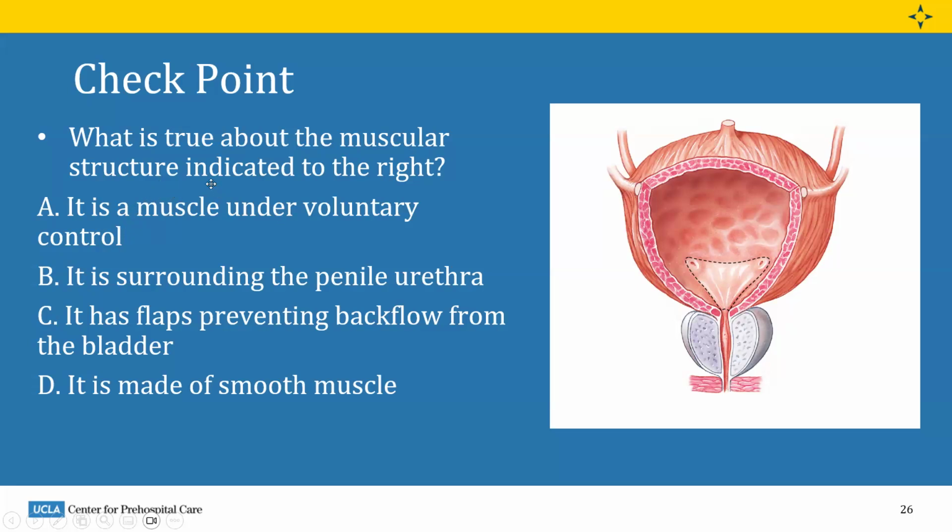What is true about the muscular structure indicated to the right? A, it's a muscle under voluntary control. B, it is surrounding the penile urethra. C, it has flaps preventing backflow from the bladder. Or D, it is made of smooth muscle. I'll give you a second to think about that.